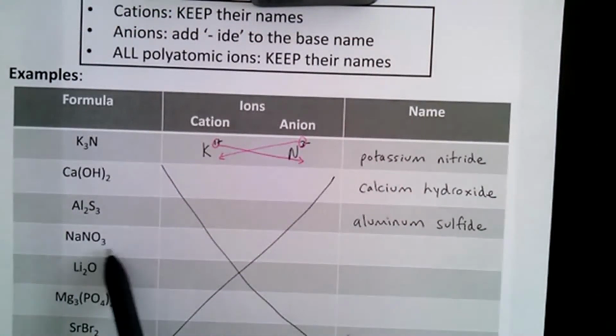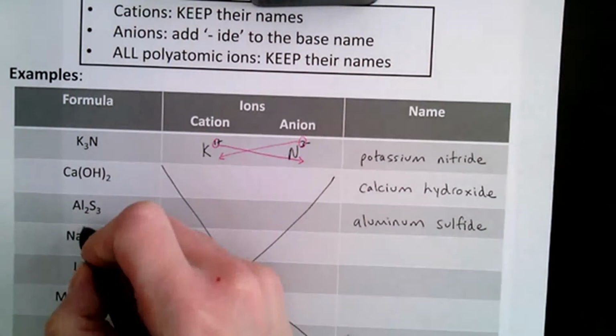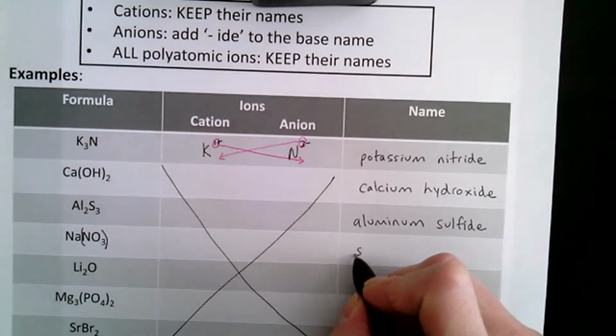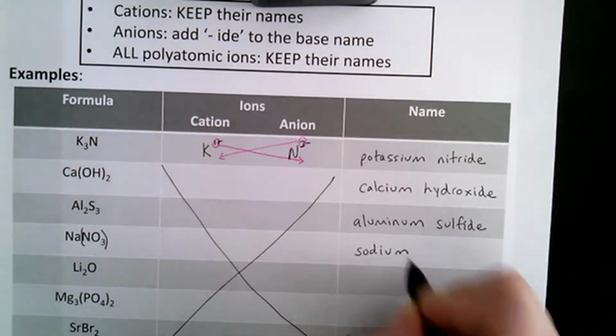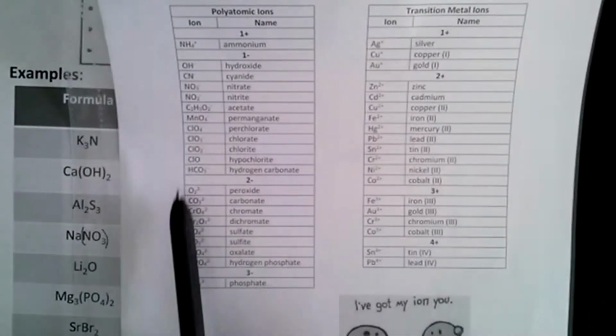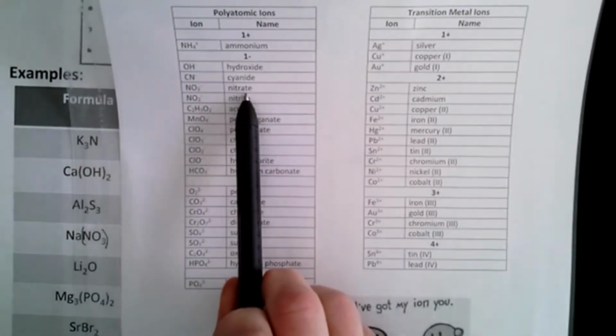Okay, what about NaNO3? So again, put parentheses there. I have more than one element in the end of this compound. So this must be a polyatomic ion, which means it will keep its name. Na, sodium. Cations always keep their name. NO3, nitrate.